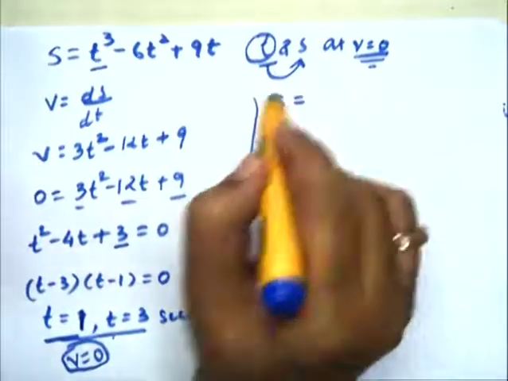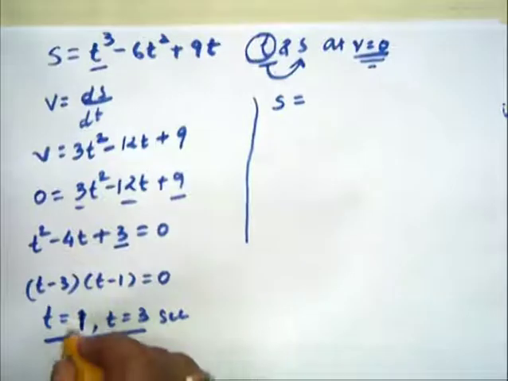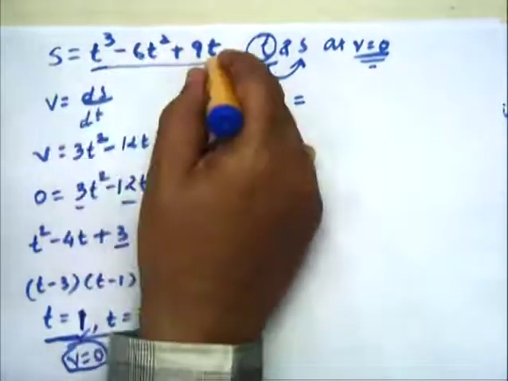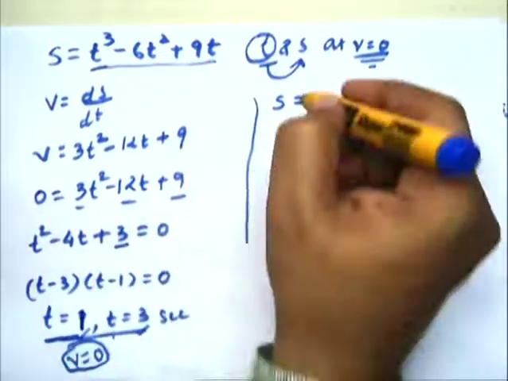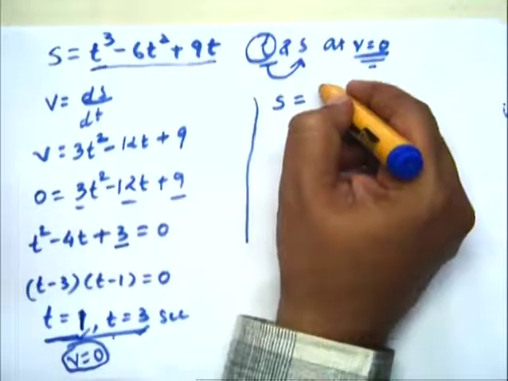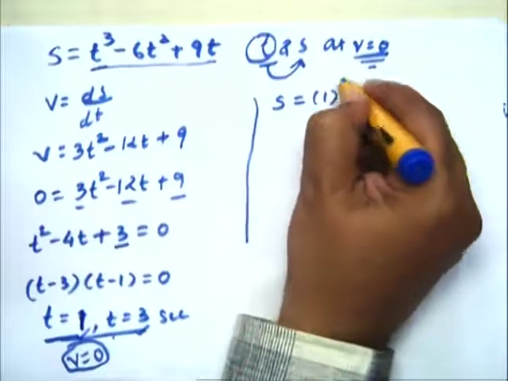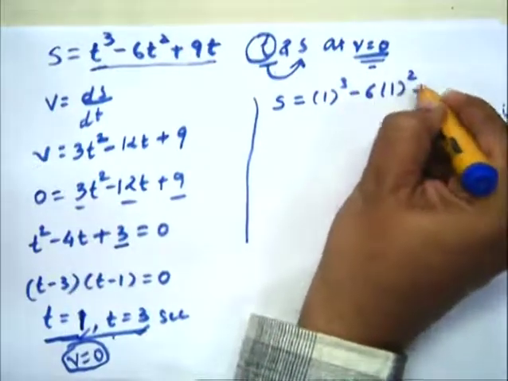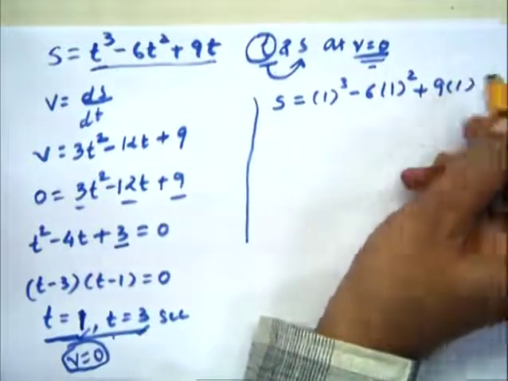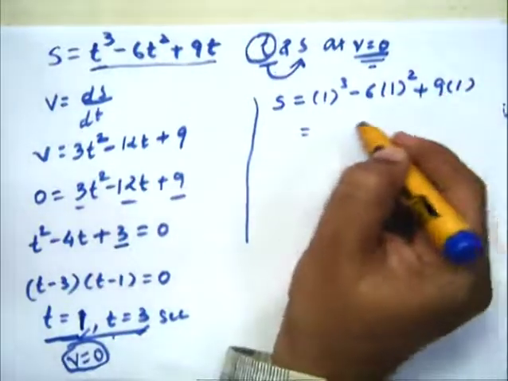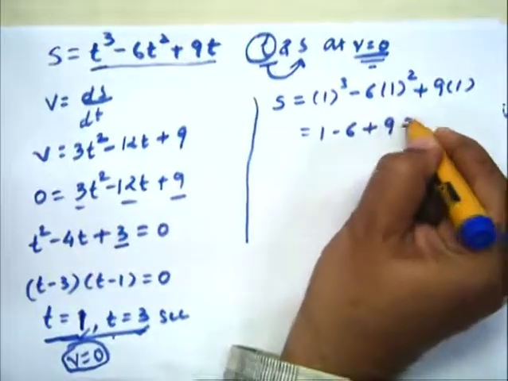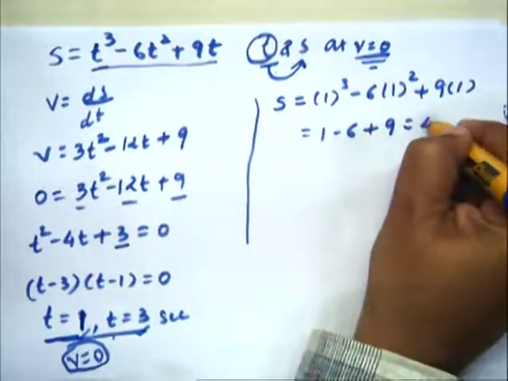To get the distance, we put t equal to 1 and t equal to 3 in this equation for s. If we put t equal to 1, we have 1 cube minus 6 into 1 square plus 9 into 1. As we know, 1 cube and 1 square are 1, so it is 1 minus 6 plus 9, which is 10 minus 6, which is 4 units.